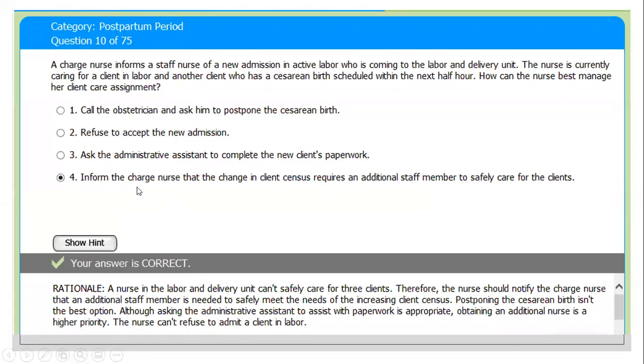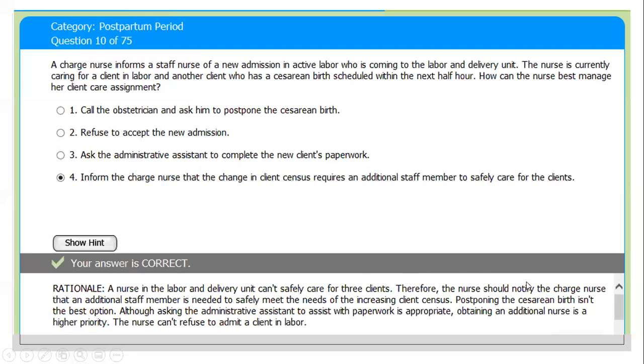We could inform the charge nurse that the change in client census requires an additional staff member for safety, right? Rationale said a nurse in the labor room or delivery unit cannot safely care for three clients.